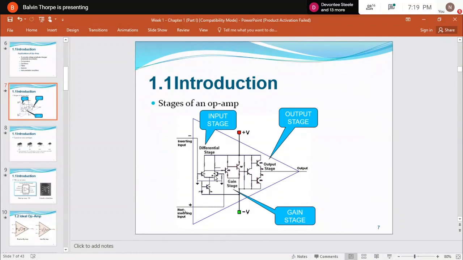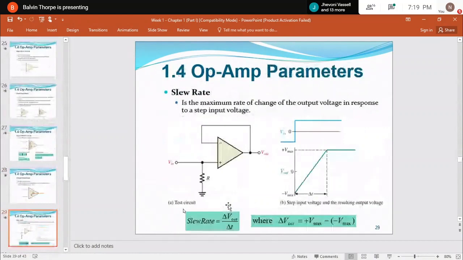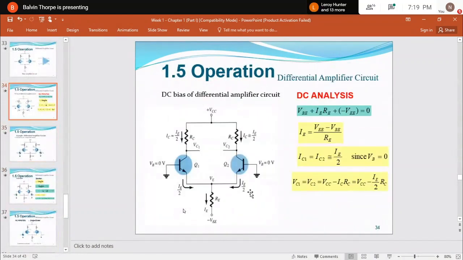What is important is to look at how it is configured. It's not just one transistor output being the input to the next transistor, which we call cascaded. But actually, what it does is utilize the common emitter by tying two transistors' emitters together, so that when you have a signal here, that signal is not only giving you output voltage here, but it's actually giving you output voltage over here as well.